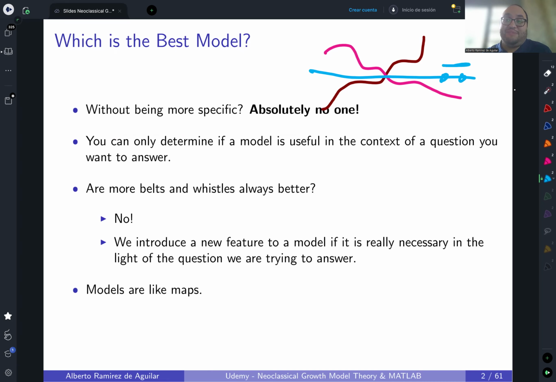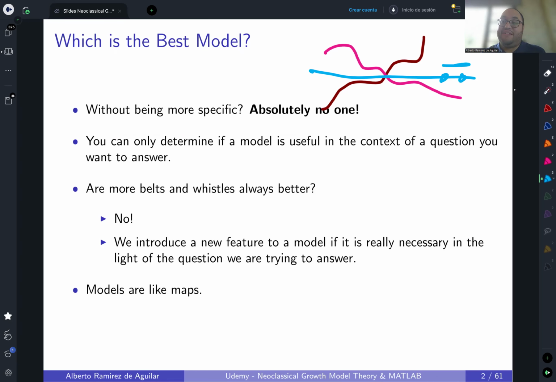Models are sometimes useful for some things and sometimes not. So you as a user need to understand under which conditions you should be using a particular type of model. And I believe it's not fair to criticize a model just because it doesn't allow you to answer every potential question. Again, the problem is not in the model, the problem is in you as a user.